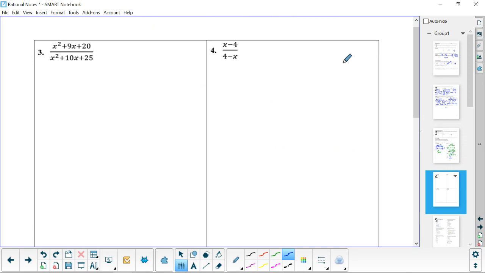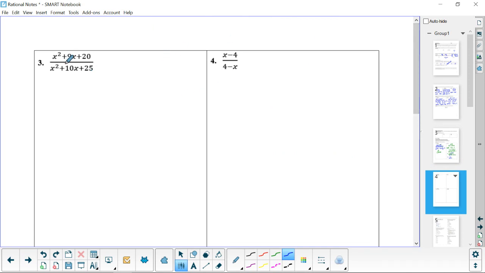Okay, let's do these two examples. So x squared minus 9x plus 20 divided by x squared plus 10x plus 25. So you have a quadratic expression in the numerator and also a quadratic expression in the denominator. So I'm going to factor these two quadratic expressions. So in the numerator, when I factor this quadratic, I'll get x plus 4 and x plus 5.